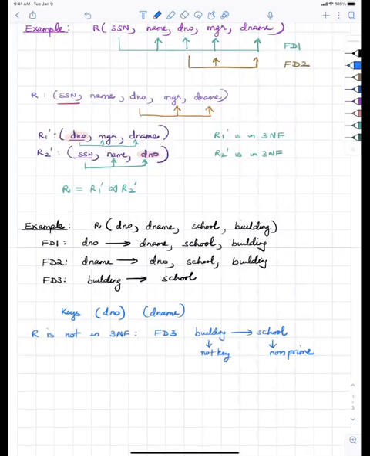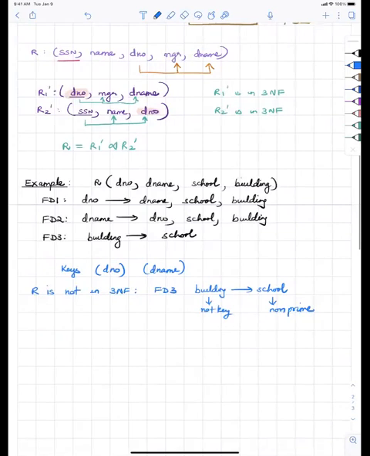And so we have to divide this into third normal form. The way you start is you look at FD3, the one that is violating third normal form, and you start from that relation. So you divide the table into R1, where you pick the functional dependency that's violating, so that's building and school.